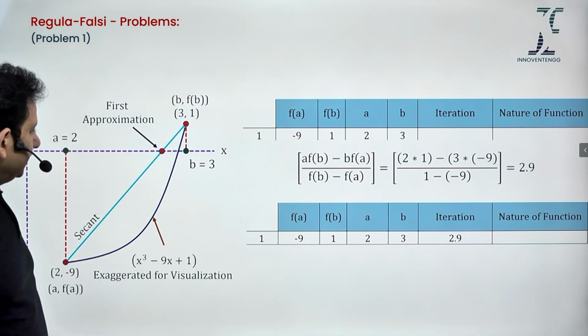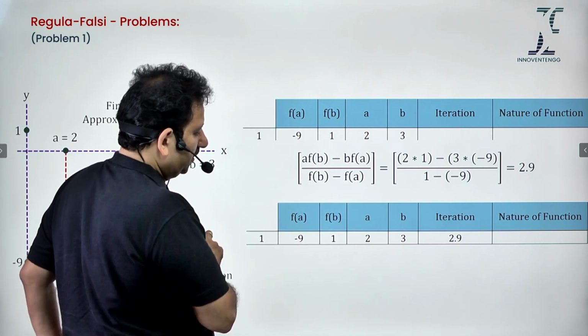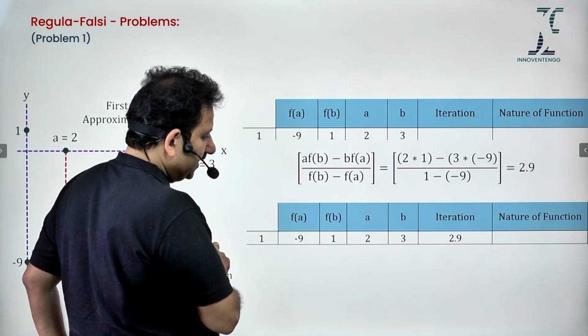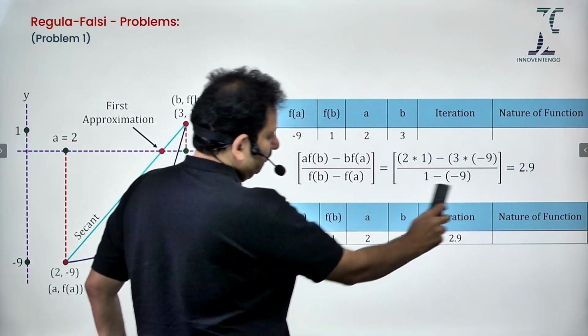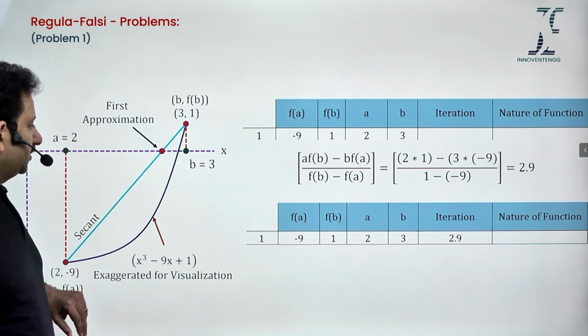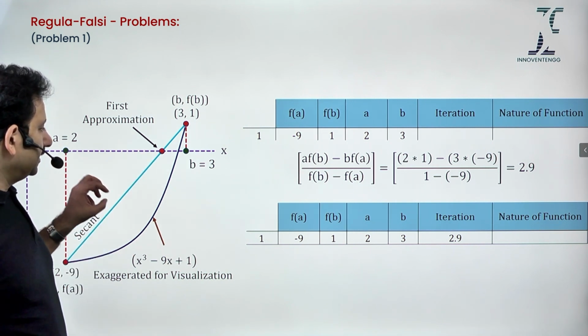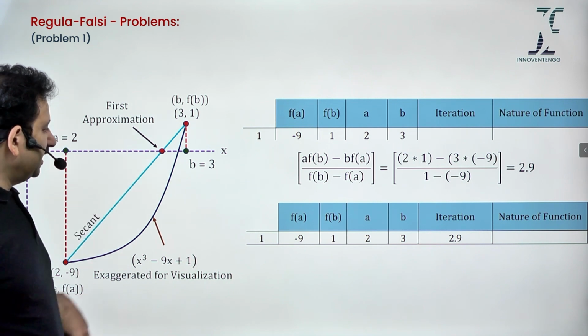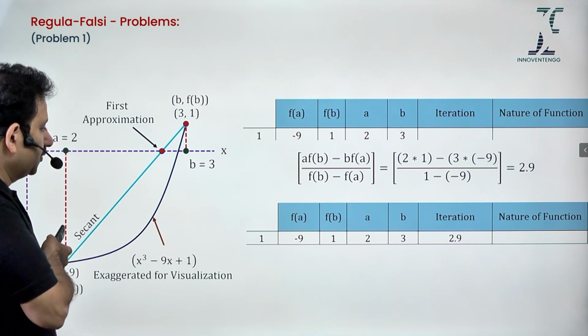First time when I cut, my approximate root is given by this formula, because here f of b is 1, f of a is minus 9, b is 3, a is 2. When you substitute in the formula, you get 2.9 as your first approximation.